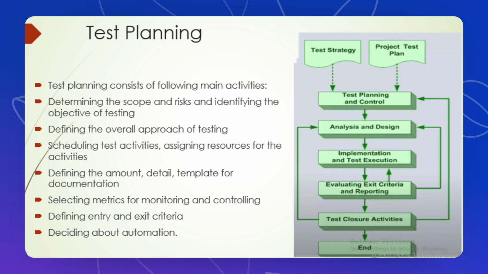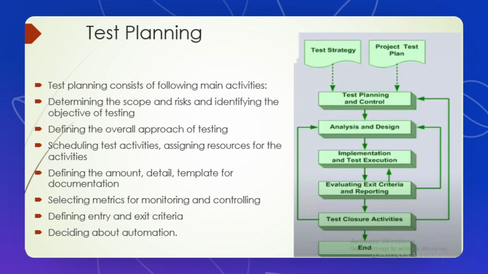We prepared automation, for example UI test plans, and developers do unit test plans and so on. In this phase we define the overall approach of testing, scheduling test activities, and assigning resources for the activities. Different resources are assigned, so we manage it.